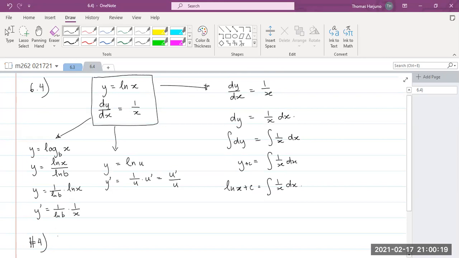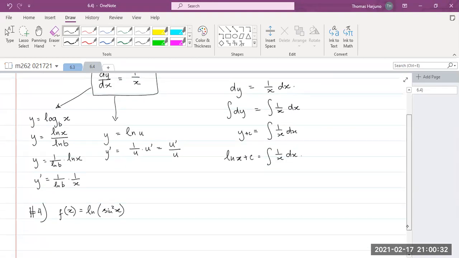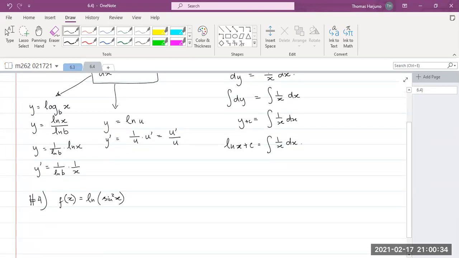So number 4, function f(x) equals natural log of sine squared x. The derivative will be the derivative of ln blah is 1 over blah times the derivative of blah. Let me do it this way first.